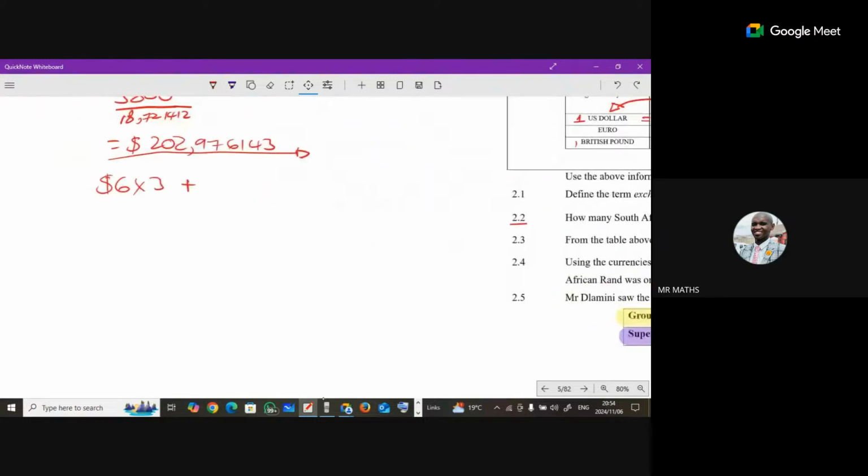So each person will need $25. So it's $25 multiplied by 1 because they will attend 1 match. Then for the second one, again they will attend 1 match, so they will need another $25. Then when you add this up, what are you getting?